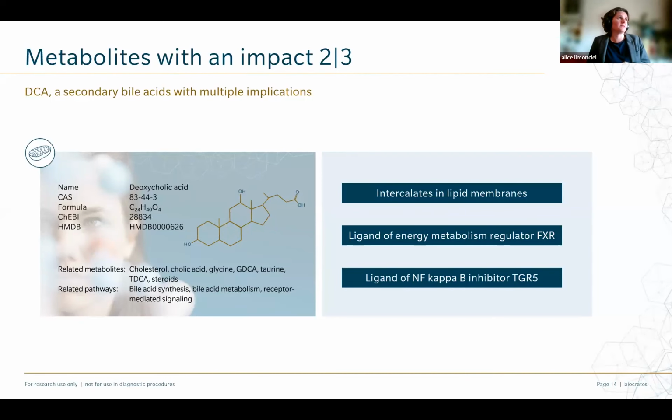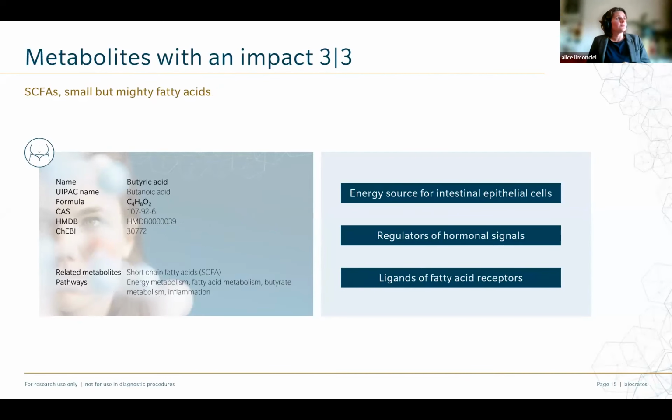Very powerful metabolites. The third example I wanted to mention today is butyric acid, or in general short-chain fatty acids, small but mighty fatty acids. They are an energy source for certain cells, especially intestinal epithelial cells that rely on them. So the gut microbiome produces them from the fiber we eat, and they're directly available for the epithelial cells in the gut. When they don't have this, there are lots of problems that can happen.